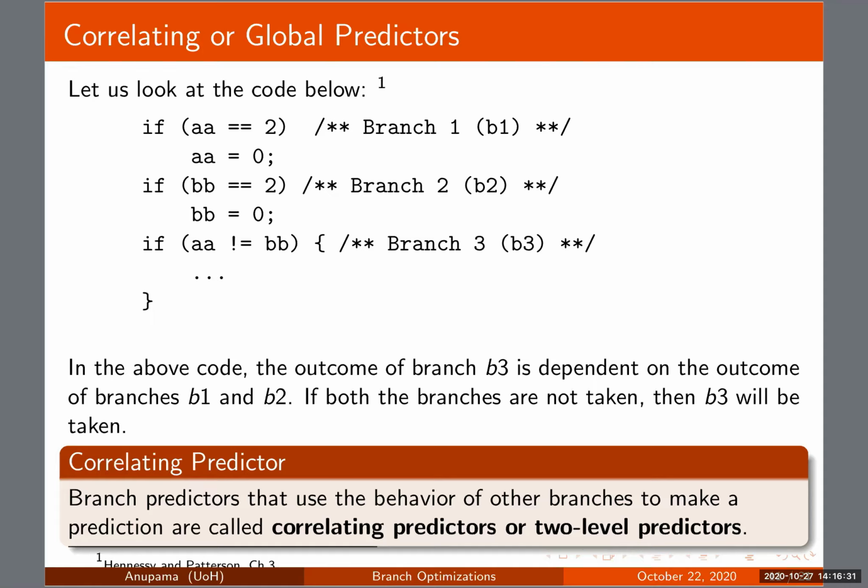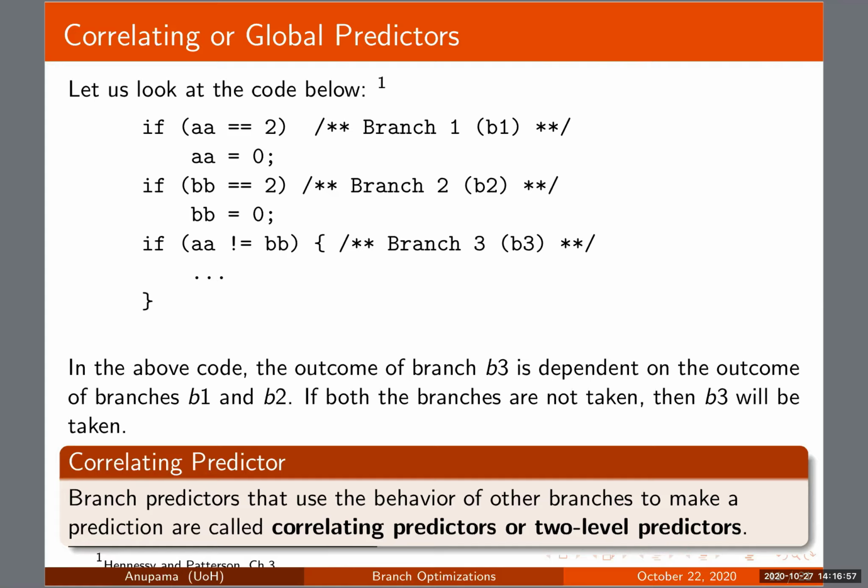So it's not dependent entirely on its own behavior. Like if you take a regular loop, for I equal to 0 to 10, the outcome of that loop in one iteration is mostly dependent on the outcome in the previous iteration, and it's not dependent on any other branch.